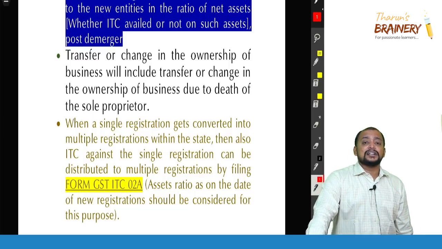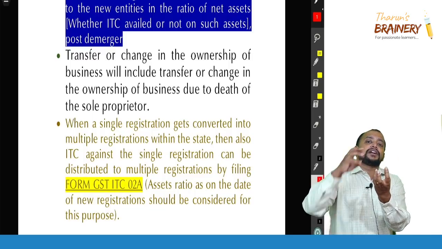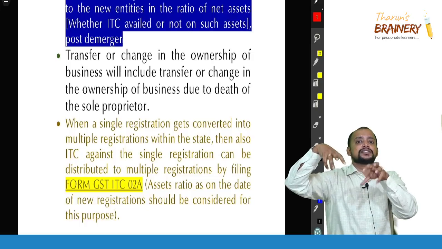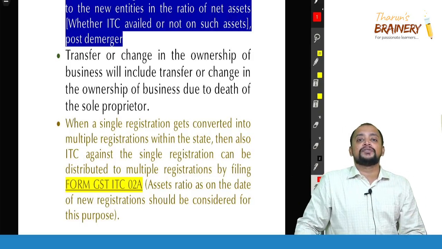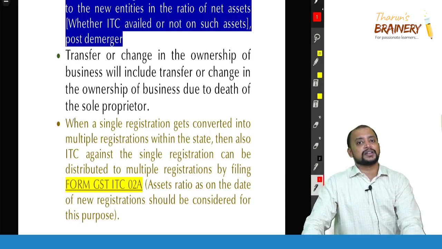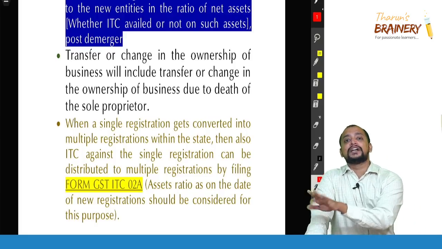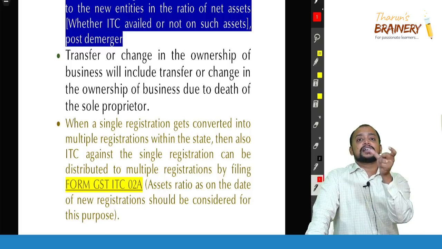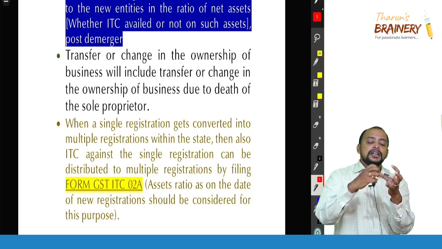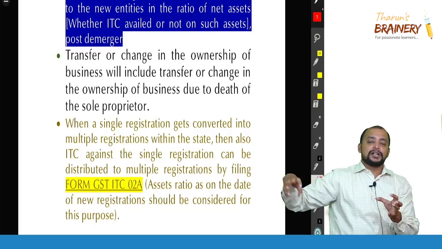Then now this ITC 02A, one new form is there. What is that? That is when a single registration gets separated into multiple registrations within the state. Within the state, we have an option whether to go for a single registration or separate registrations. When the single registration gets separated into multiple registrations, whatever is the ITC in that single registration will be distributed to the multiple registrations.